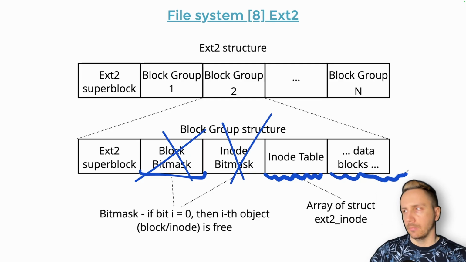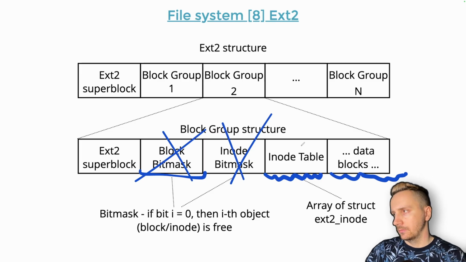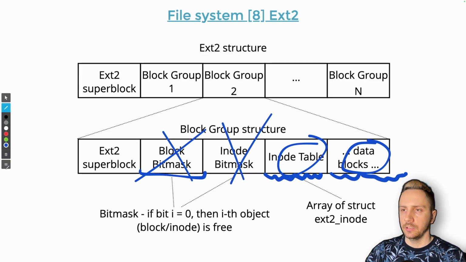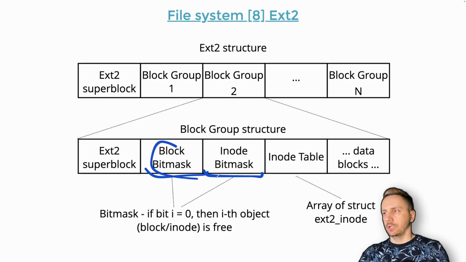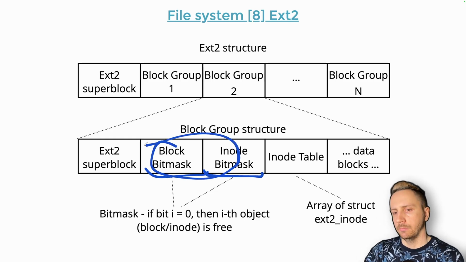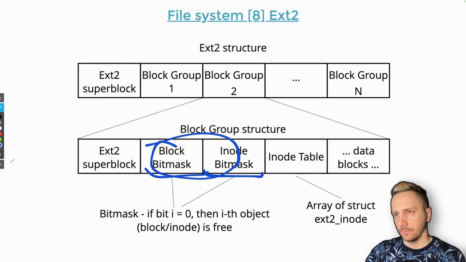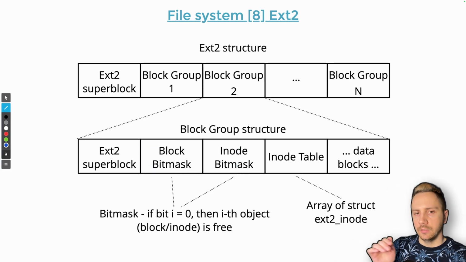You will need to make many more physical reads to find some free cells here or free blocks here than you would if you were just reading those bitmasks. Bitmasks will be much smaller. And those you can even probably keep in memory. My bet would be that perhaps the kernel is keeping them in some sort of cache for fast access, so it doesn't even have to read them all the time.